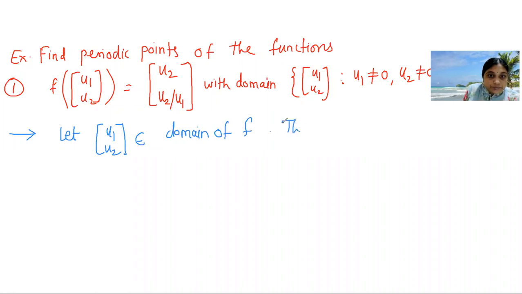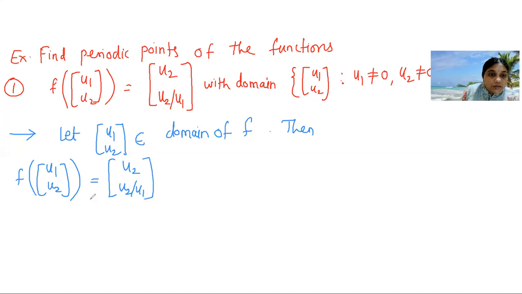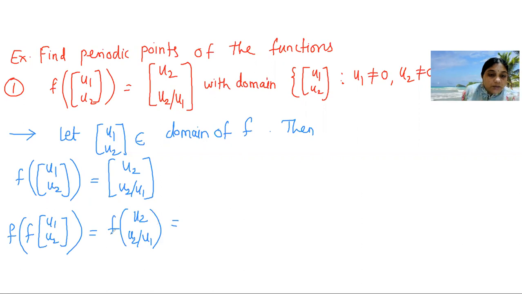Then what is f of u1 u2? It is u2 and u2 by u1. What is f of f of u1 u2? It is f of u2 by u1, right? So what is f of u2 by u1? It is u2 by u1 and 1 upon u1.